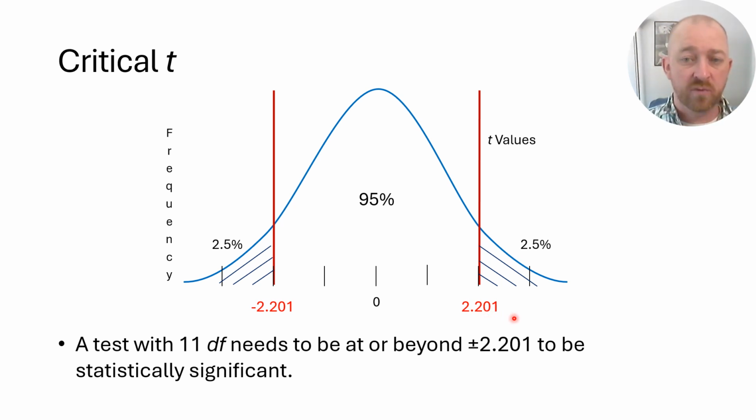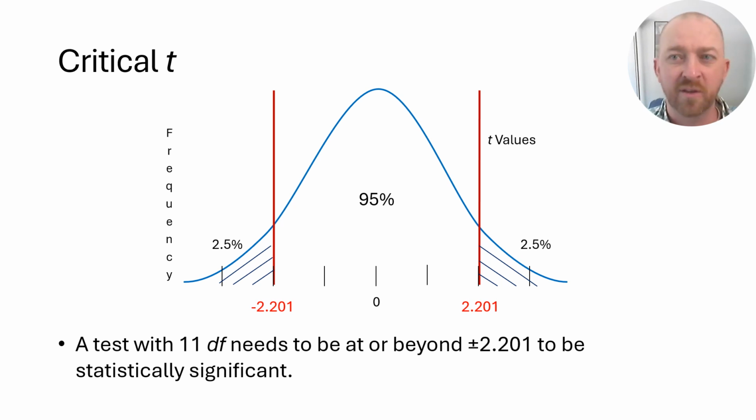So any value outside of that range is statistically significant. Statistically significant just means we wouldn't expect to see it 5% of the time or more unless there really is an impact of the independent variable on the dependent variable.